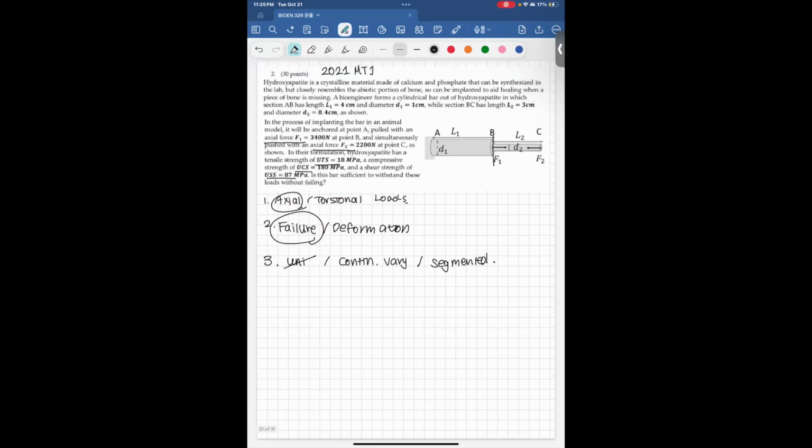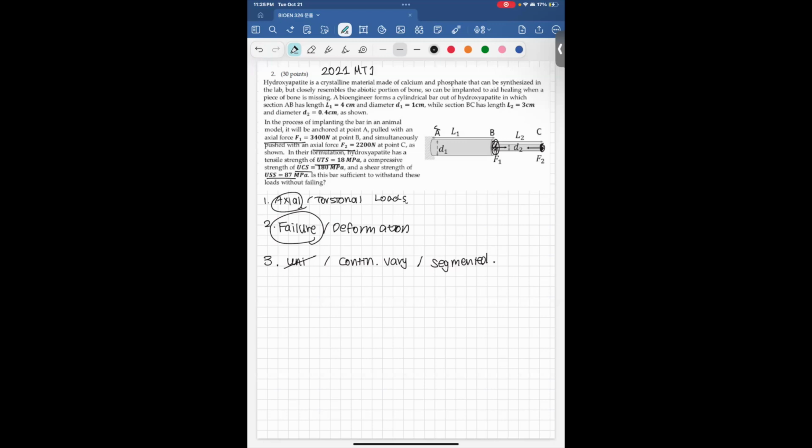We can obviously see that the cross-sectional geometry from AB to BC is changing. The circle of BC is much smaller than the cross-sectional geometry of AB.